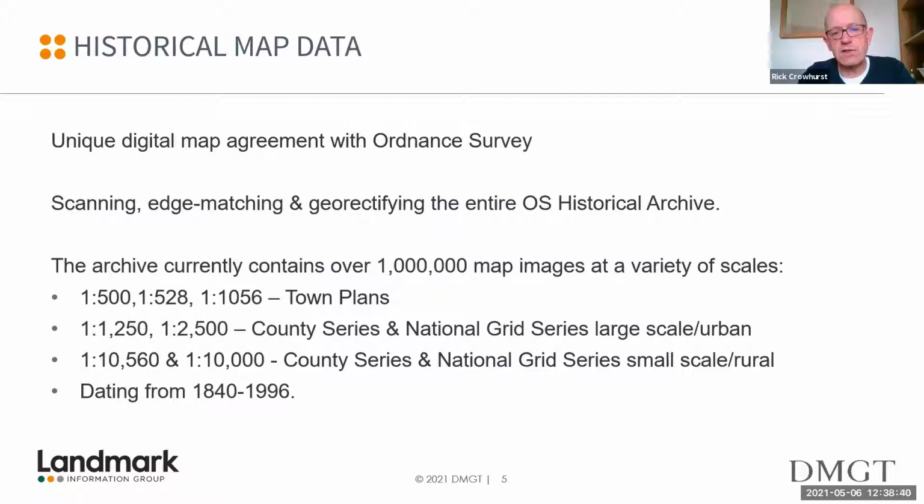The archive runs from the earliest 6 inches to the mile, the 1 to 10560 mapping of the 1840s. The archive ends at 1996. That's obviously when we started the agreement in '95, that's when we chose as the cutoff point, OS chose it as the cutoff point. Everything post '96, they regard as modern era mapping.